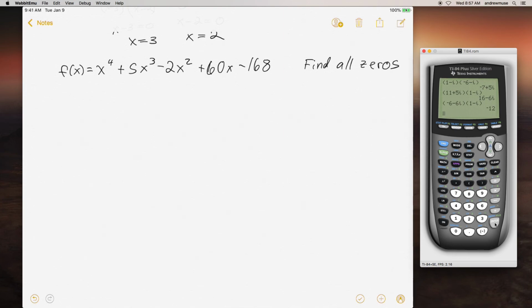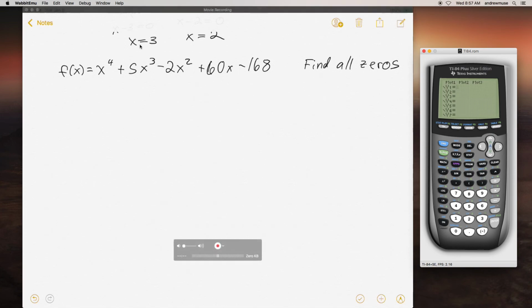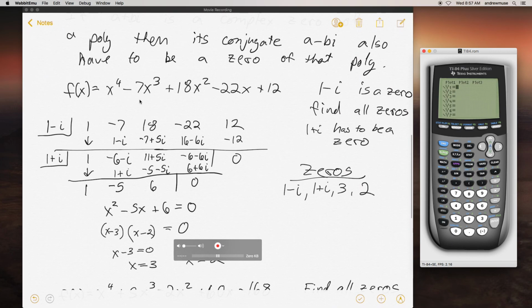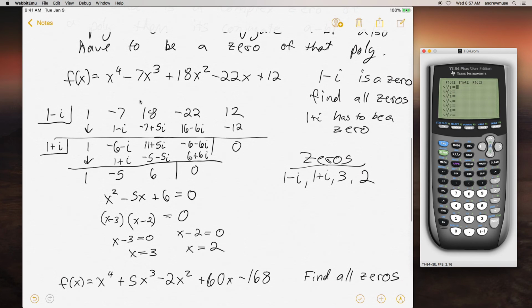How do I find all the zeros if I'm not given anything? Well, the calculator is awesome because with the calculator, we can look at the zeros on the graph and use those to simplify it down. Now, this is a 4th degree. I need at least 2 zeros to take it down to a quadratic. Just like I did in this example right here. I had 2 zeros. I took it down to a quadratic.